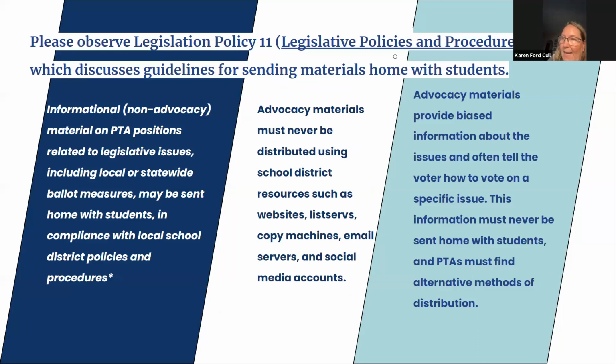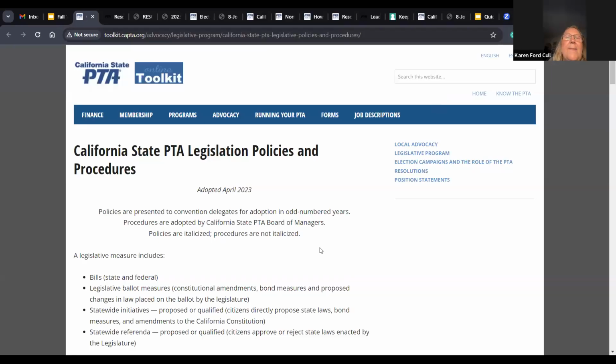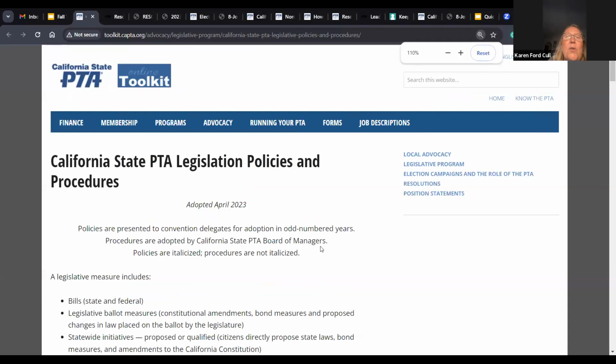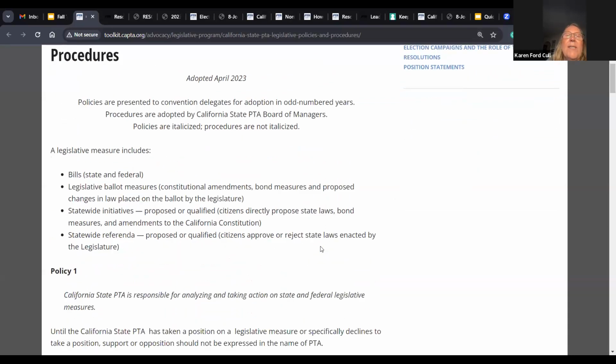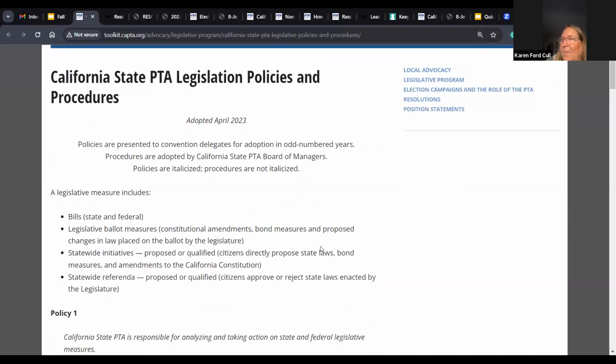If you click on that link that says legislative policies and procedures, this takes you to the very important policies and procedures, adopted in April 2023, that apply to legislative work.